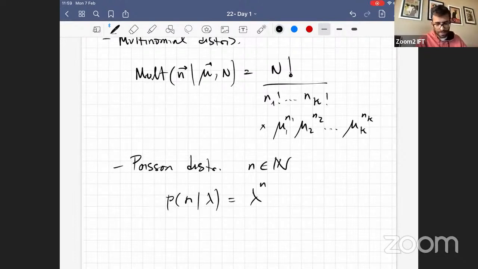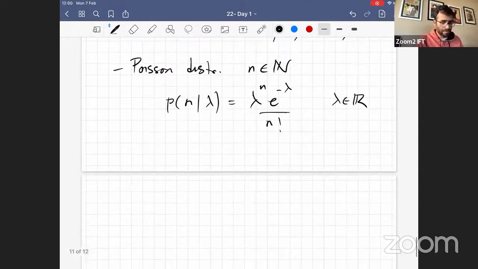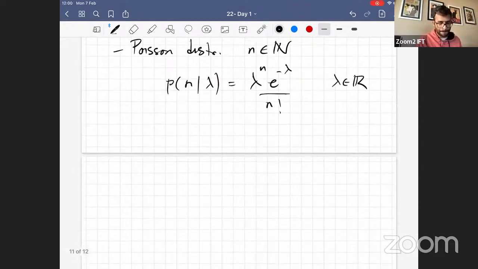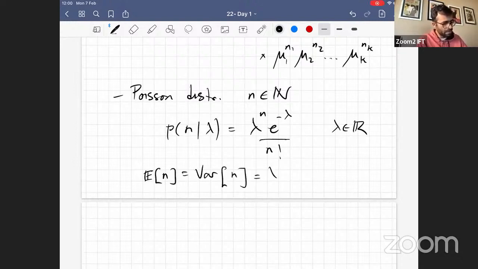This is lambda to the n, e to the minus lambda, divided by n factorial. This parameter lambda is a real parameter. And it is simple, and actually the expectation value of n, I mean the mean, is equal to the variance, and they are both equal to lambda.